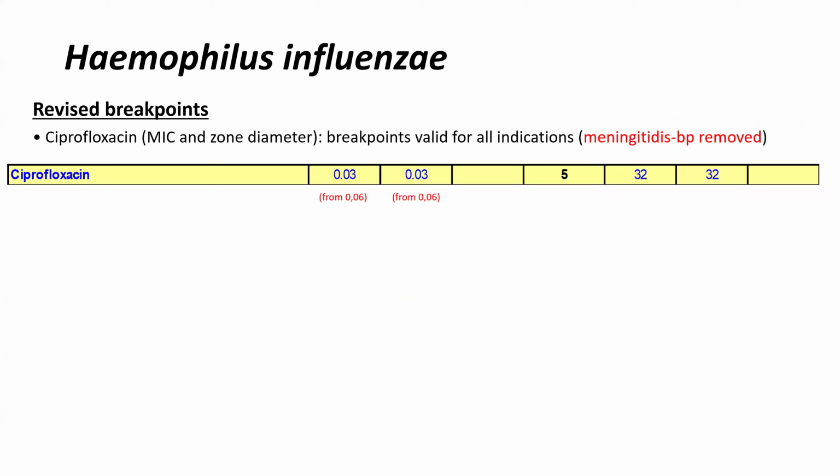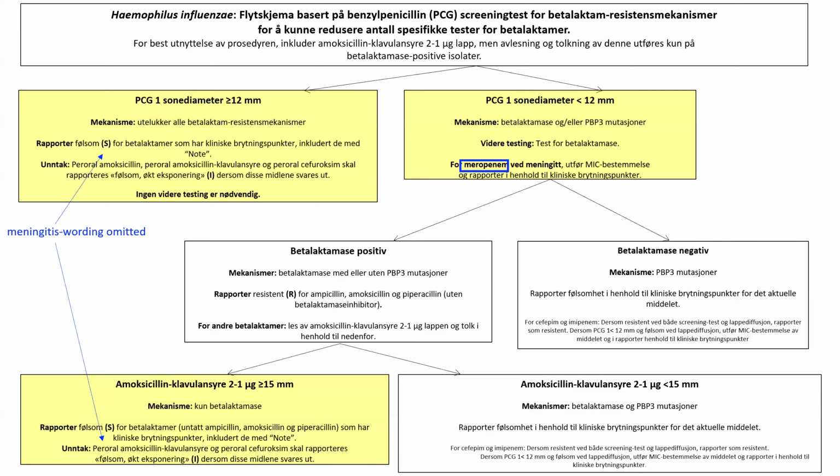Another change is the ciprofloxacin, where we used to have 2 rows, but now the MIC breakpoint was changed from 0.06 to 0.03. And then that leaves that the breakpoint is valid for all indications. And here's the new flow chart.